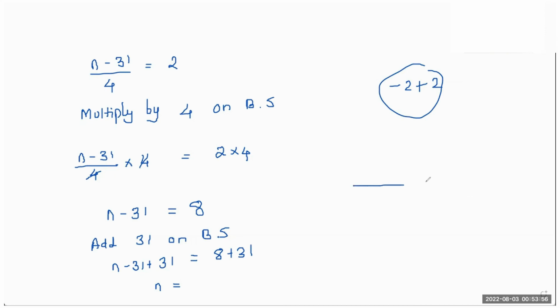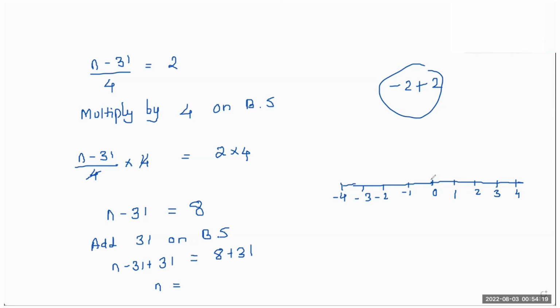Let's take a number line now. I have to go and teach you the number line now. You know number line, right? Which is my first number? Minus 2. I start with 0.